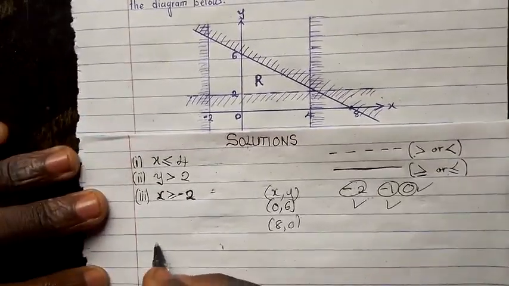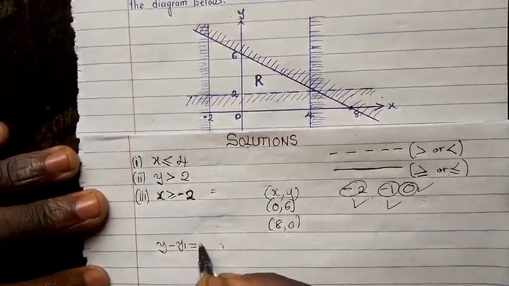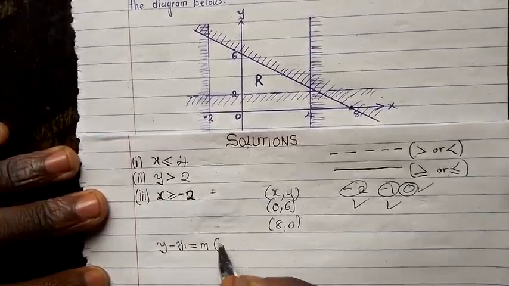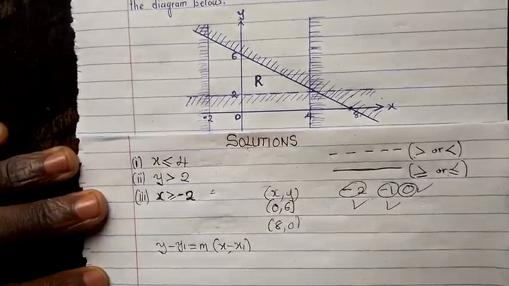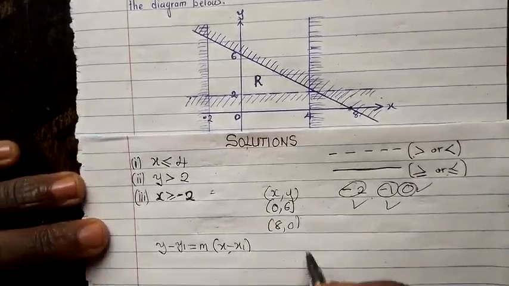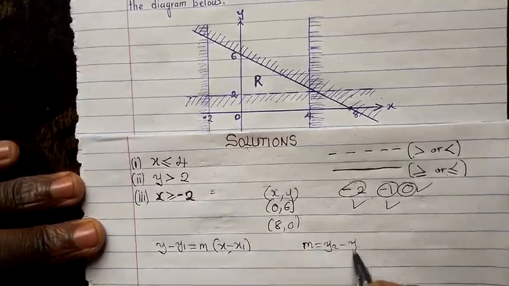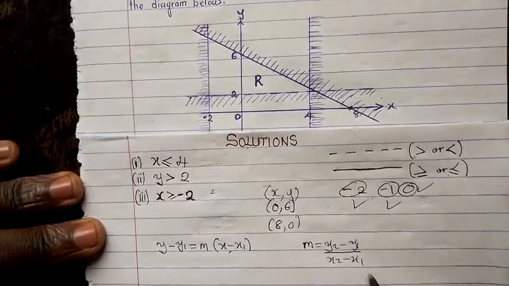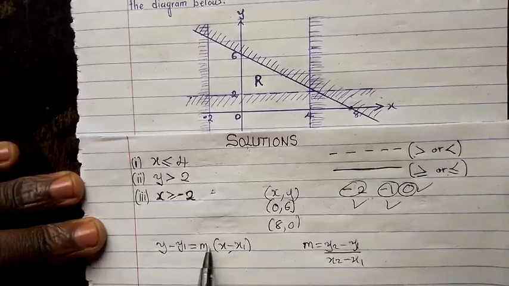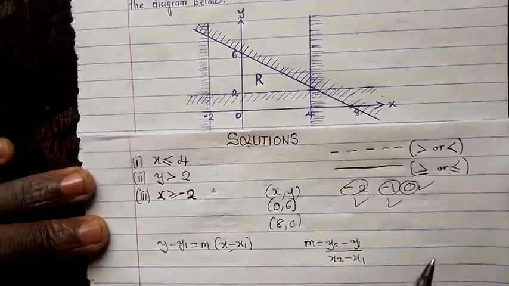So I'm going to say y minus y1 is equal to gradient, open bracket, y minus y1. Now since you know that gradient is equal to y2 minus y1 over x2 minus x1, where there is gradient, I'm going to put this in place of the gradient.